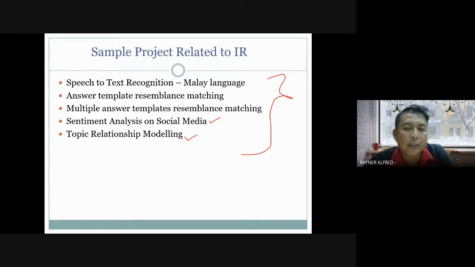Last time we had this project. This project is considered research based. So in research based, we are looking at ways on how we evaluate the performance of all the algorithms that we investigate. Okay, multiple answer template resemblance matching. So all these are natural language processing.